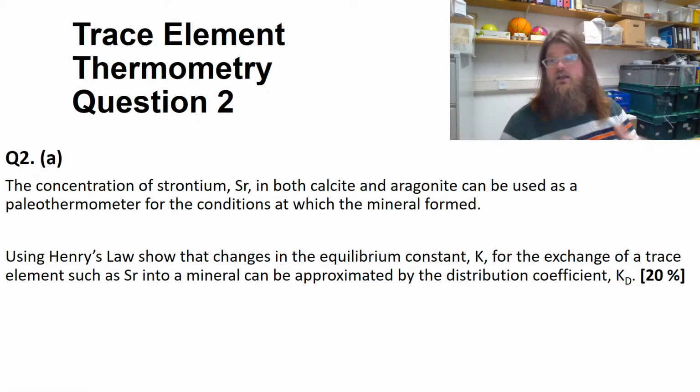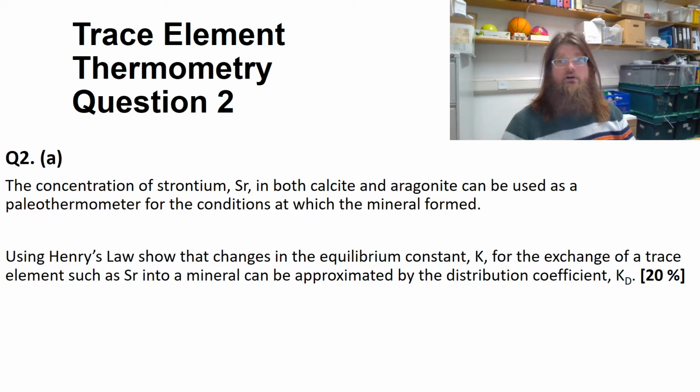Anyway, so looking at what we were looking for. Again, a question in a couple of parts, so we'll go through those in medium detail, maybe. So the first bit of the question basically gave you a statement: the concentration of strontium in aragonite and calcite can be used as a paleothermometer, reflecting the conditions at which the mineral formed. Now that's not a question, that's just a statement, giving you some idea about the topic or area that the question is actually going to be about.